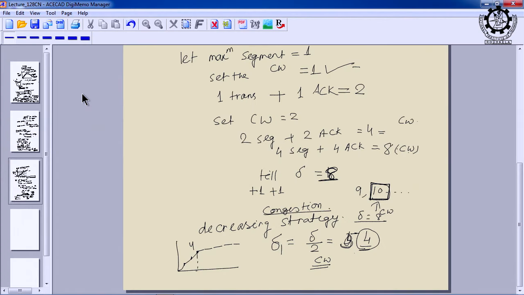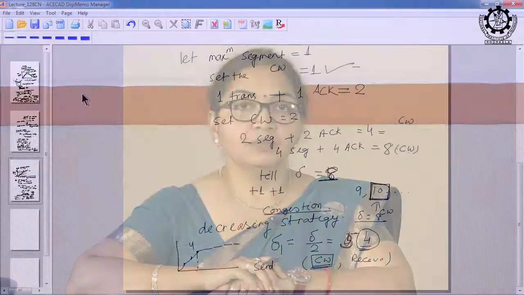Depending on that, the congestion window size is decided, and this congestion window along with the receiver buffer will decide the sender window size. This is how TCP controls the congestion by considering the sender capacity, the receiver capacity and the channel or network capacity.